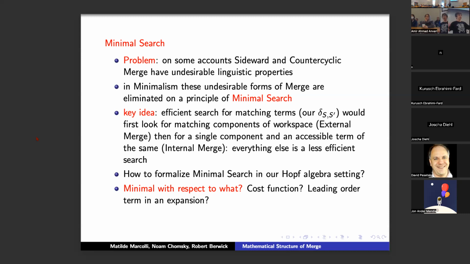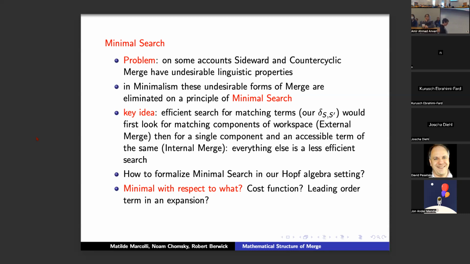What is the most efficient way of searching? Well, obviously the first easiest thing is to search my entire components and look at whether there are components that match the term I want to use, and that gives me external merge. The next easiest thing is, I first search for a component. If I find one but don't find a second component, I start looking inside the terms of that component. That gives me internal merge. And the rest is less economic with respect to this.